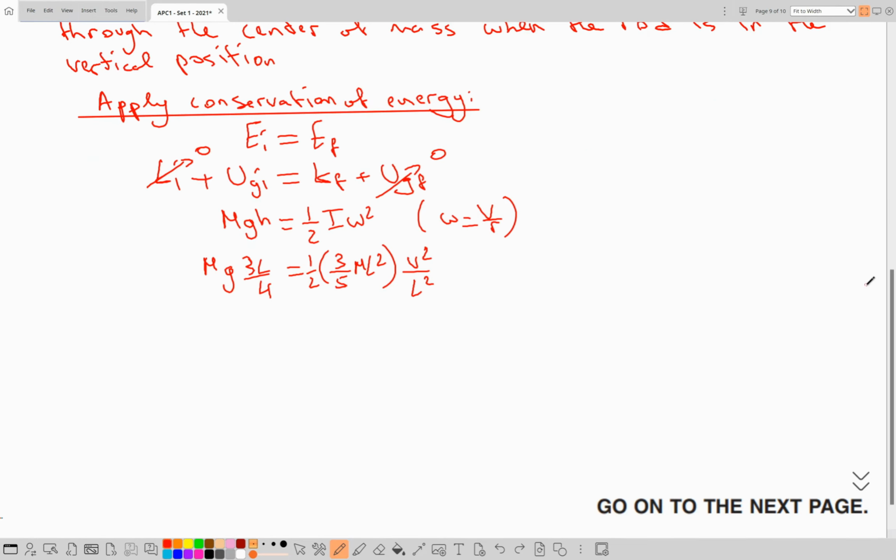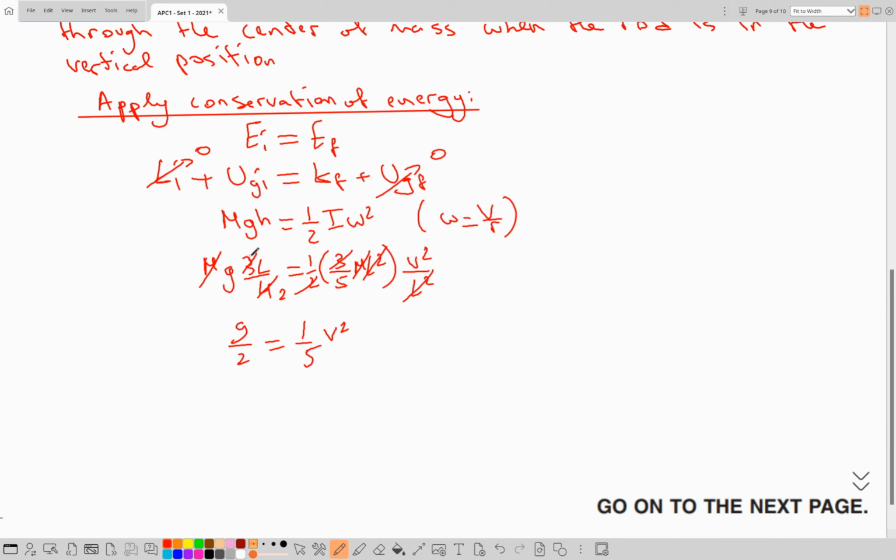That's the only way to construct speed and angular speed. Now L squared cancels with L squared, m with m, 3 with 3, then 4 with 2 gives 2, then g/2 is equal to 1/5 v squared.